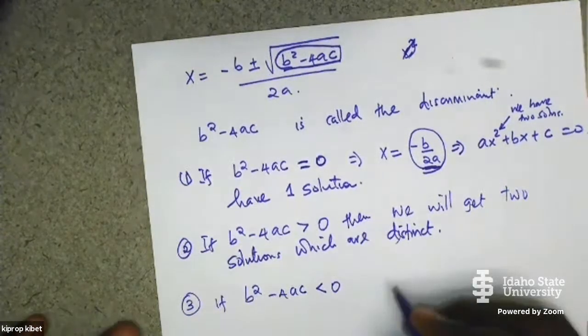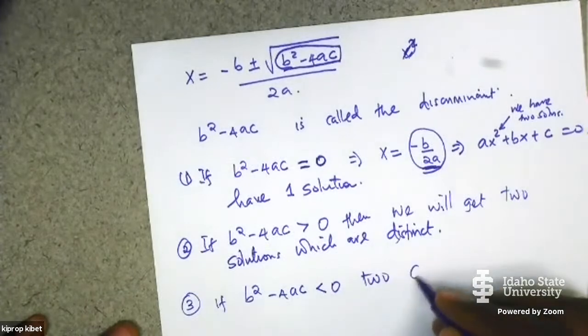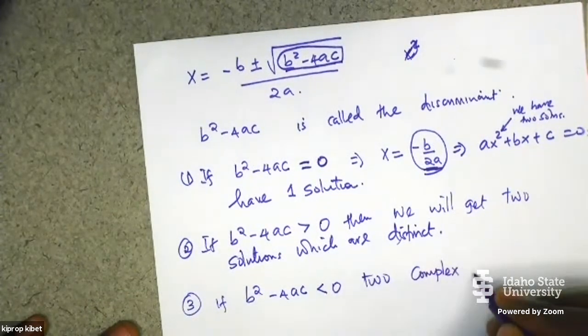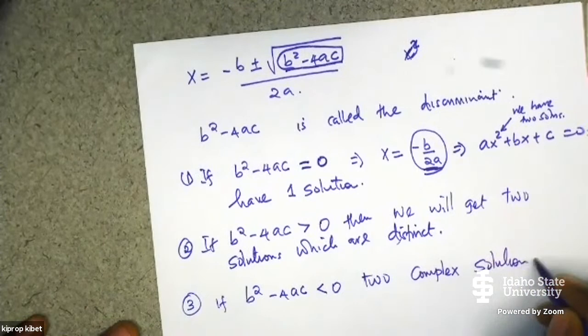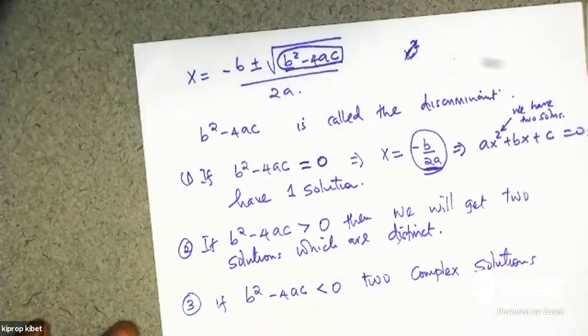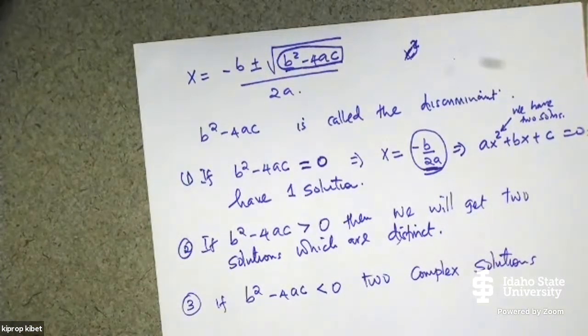So we have two complex solutions. The solutions will be complex, since it will be the square root of a negative number, because the discriminant is less than 0.